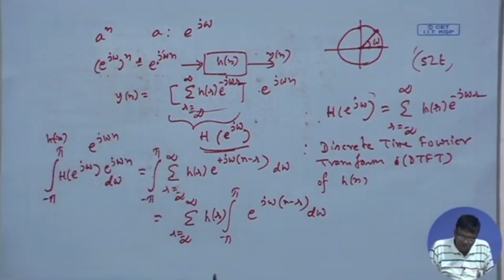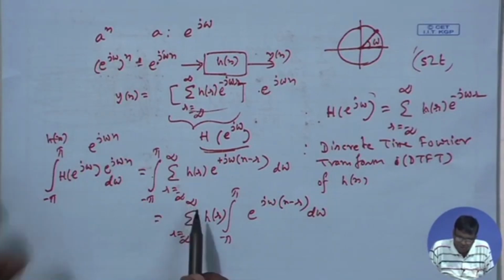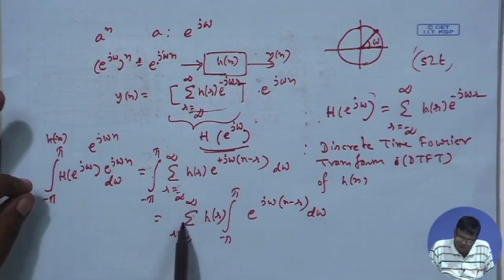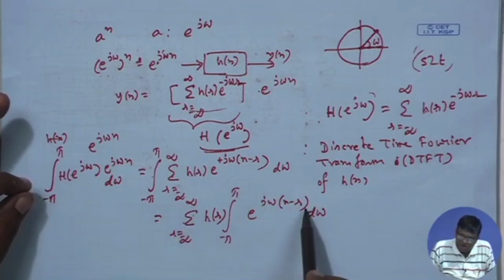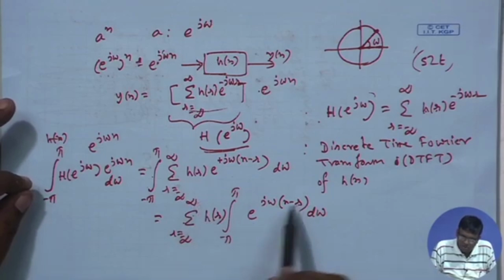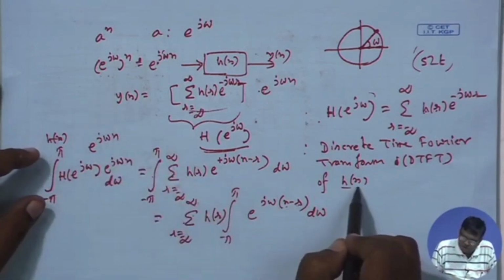Now, look at this summation. From outside, r is changing. For every r, you are carrying out this integral and obtaining the value. Then again another r, putting that r here. n is already fixed; n is your choice. You wanted to find out h of n for a particular n.